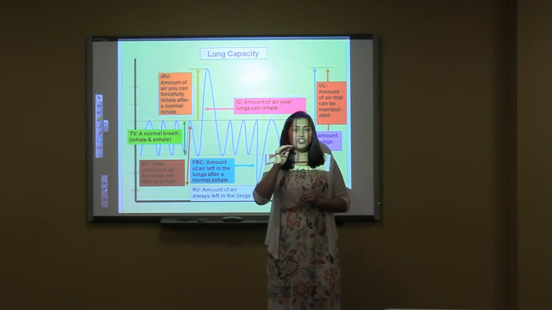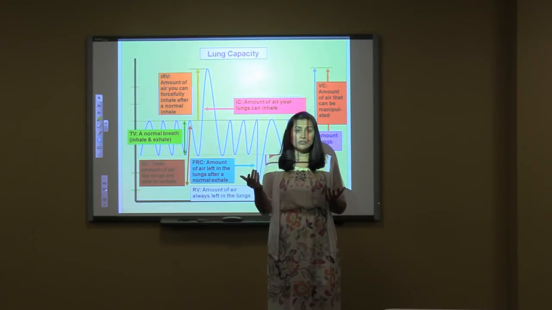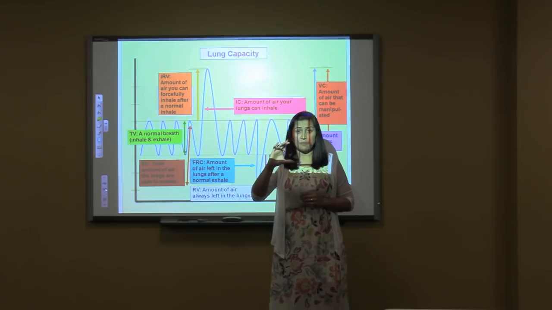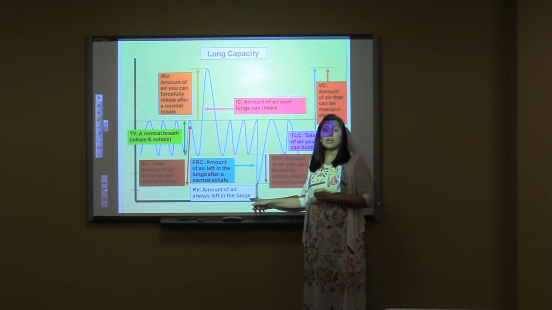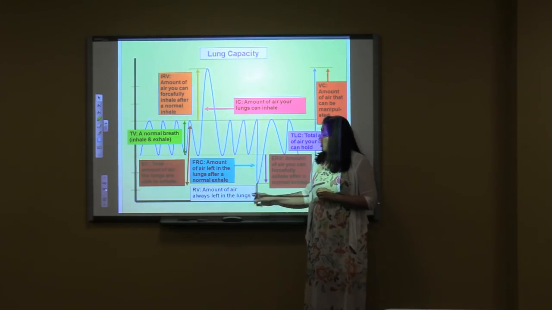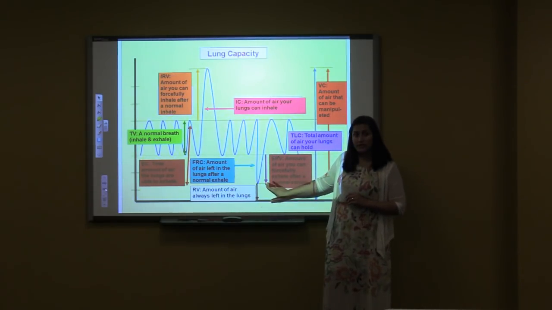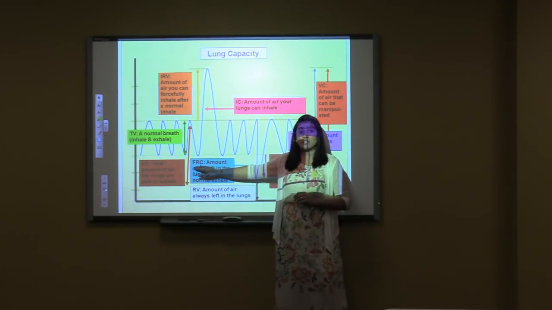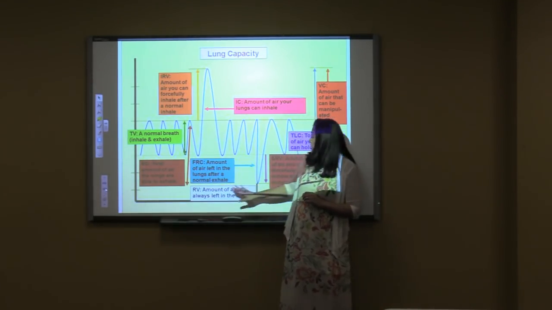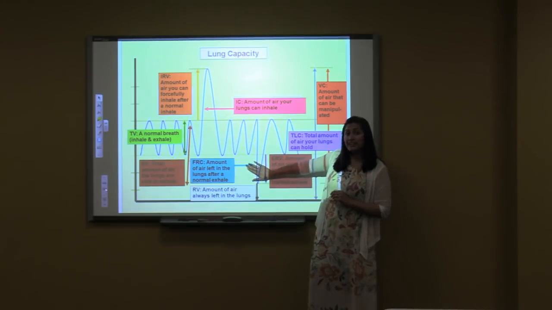So the correct definition of FRC, functional residual capacity, is the amount of air that's always left in the lungs after a normal exhale. After you finish your normal exhale, what is the amount of air left in your lungs? You have the extra amount, which is expiratory reserve volume, this amount, plus this amount that you can never touch, RV. So collectively, this extra amount plus the amount that you can never touch is called FRC, functional residual capacity. The amount of air left in the lungs after you finish a normal exhale.